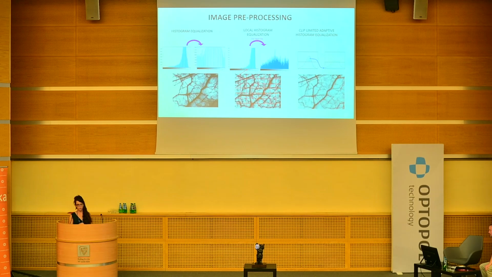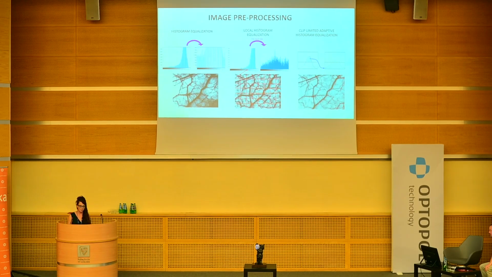In order to solve that, we have the clip limit adaptive histogram equalization, which is exactly the same as the previous one, but in this case we limit the amplification of the histogram and distribute these values all along the original histogram. That way we avoid noise amplification in the most homogeneous areas, at the same time that we preserve the details of the structures that we want to study.